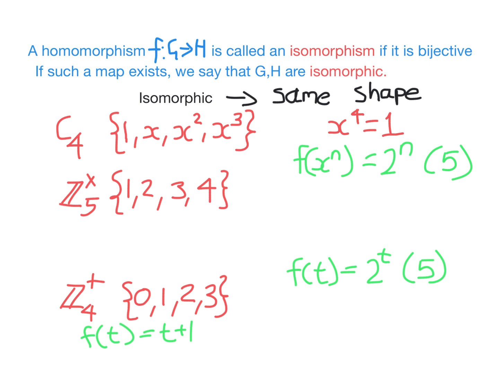So let's look at some isomorphic groups here. So first is C4. This is the cyclic group of order 4. So it has 4 elements, and it also has this property x to the power of 4 equals 1. So the cyclic groups like this, they're groups under multiplication.